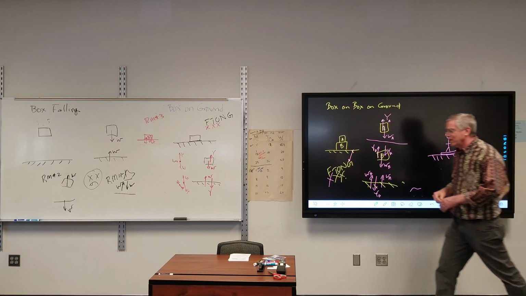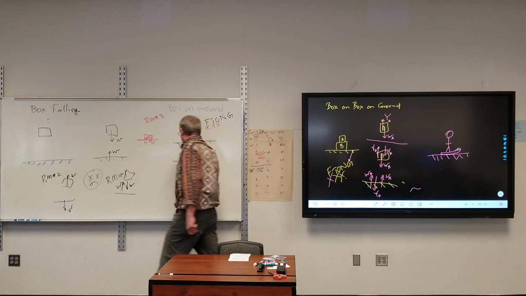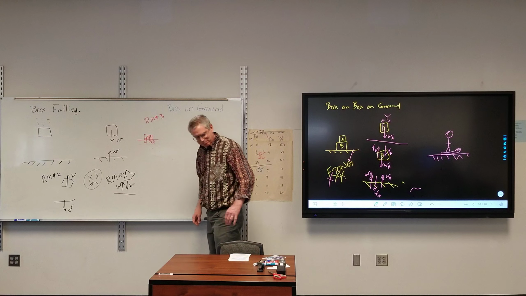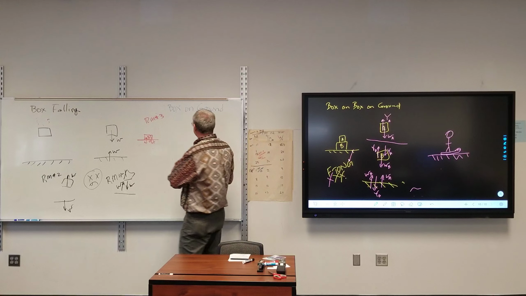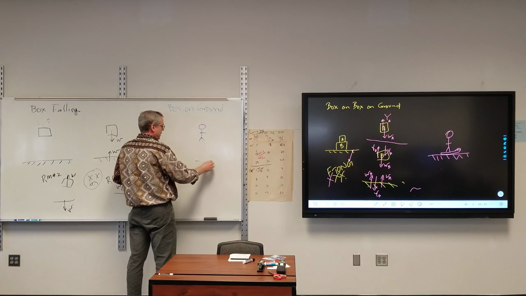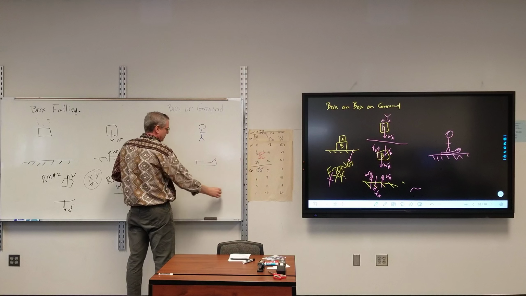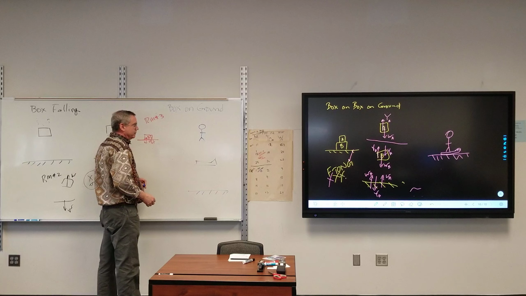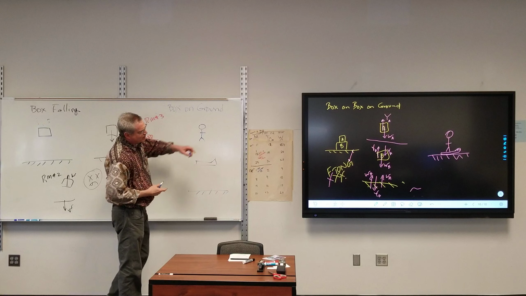Well, let's do a force diagram. I'm gonna draw with three objects. I've got an absolutely spectacular stick figure. I have the scale, and I have the ground. Force diagram should look almost identical to what we had before.